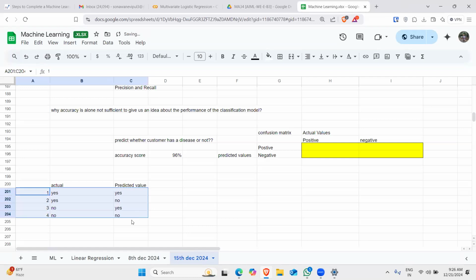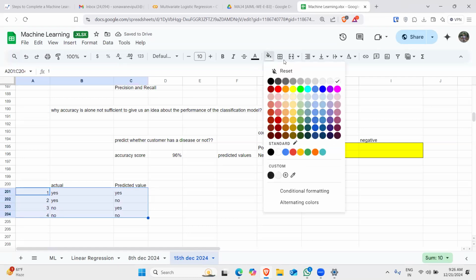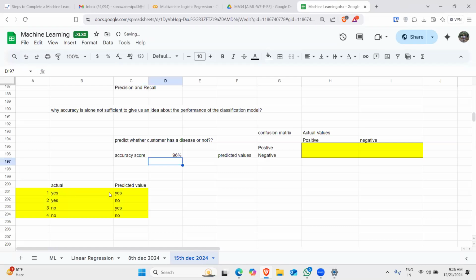Out of these four predictions, which ones are correct? Can you guess? Number 1 and number 3.